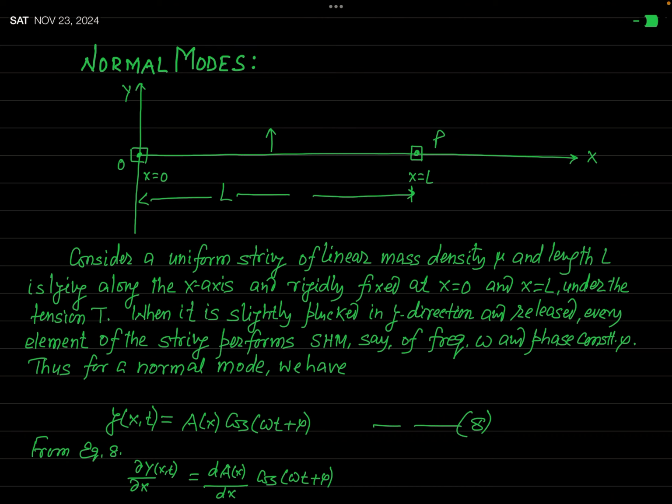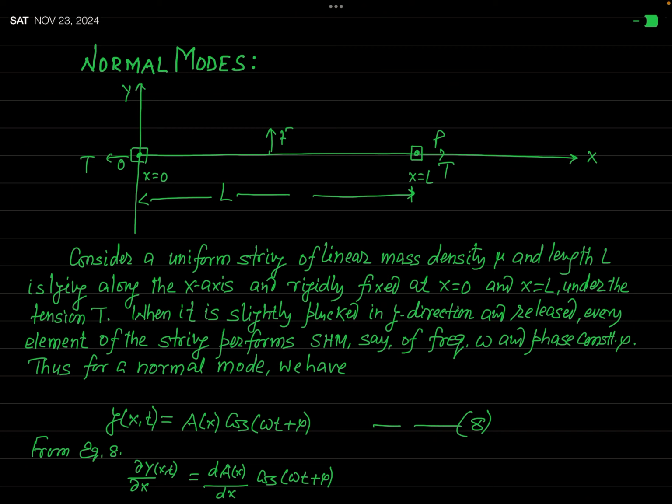Now let us apply a force, let us say F, in the transverse direction, that is, in the y direction. The string is lying along the x-axis, and it is also stressed. You have to suppose that there is a tension T which stretches the string. Now a small jerk is applied in the y direction, that is, along a direction perpendicular to the length of the string, and the string is released.